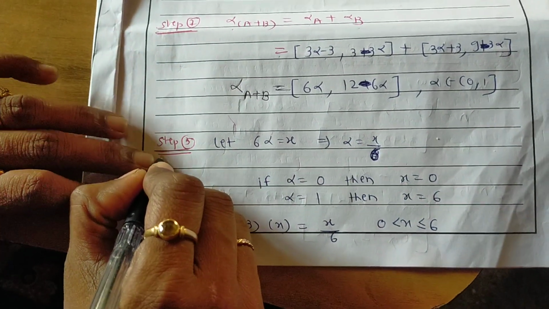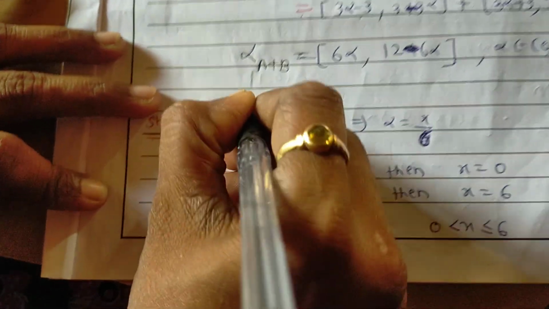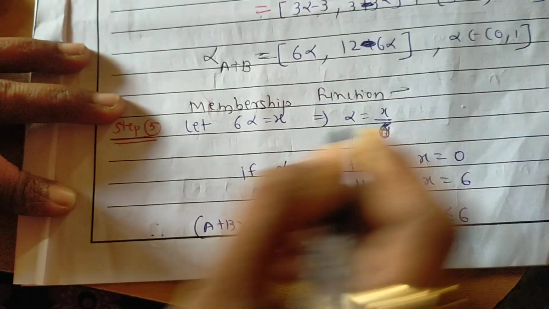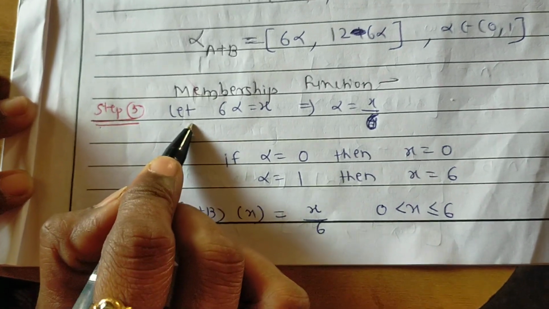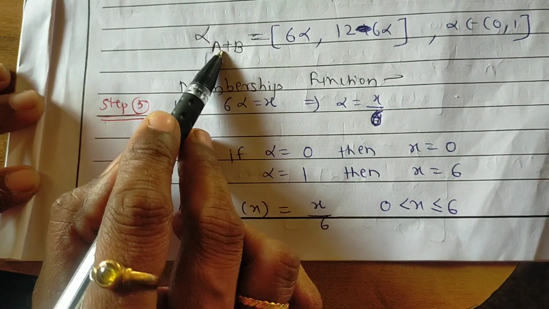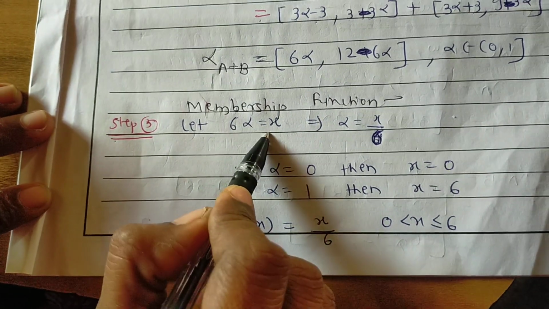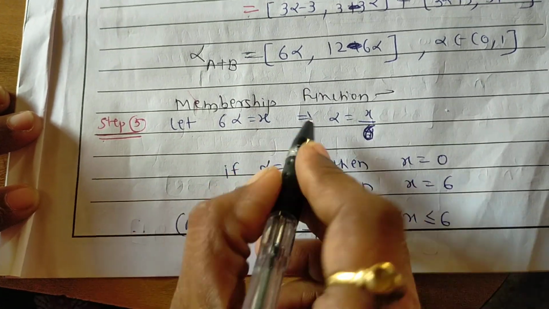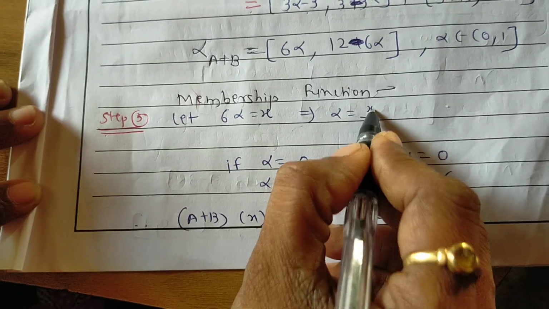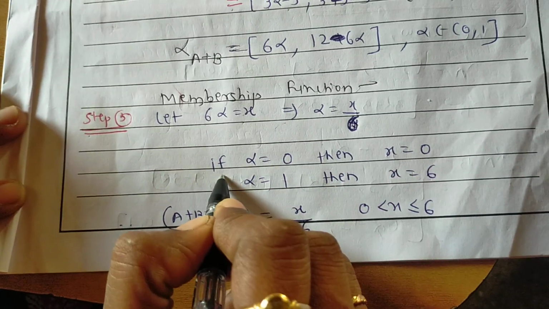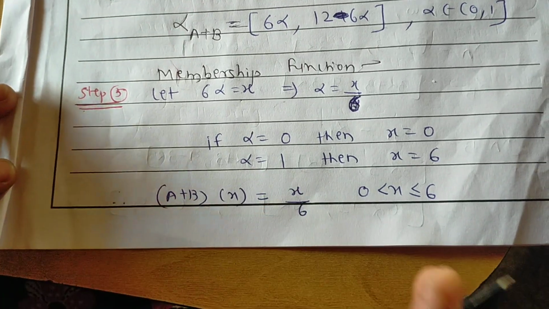Now in the third step we have to find the membership function. See, first we substitute the alpha cut of A plus B, first term, that is 6 alpha is equal to x, gives you alpha is equal to x upon 6. Now take the boundary values.